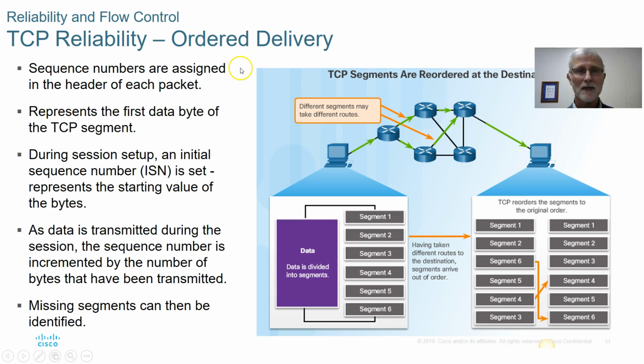Now, TCP reliability. Remember, we've got sequence numbers. They're assigned in a certain sequence, and TCP says, I'm going to represent each byte in the TCP segment. During initial setup, there's going to be an initial sequence number. I'm going to tell you what that first sequence number and starting value is going to be.